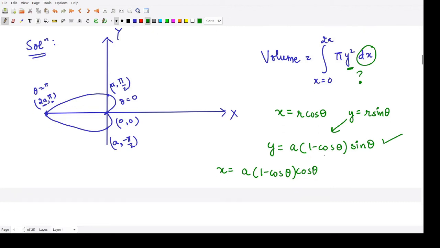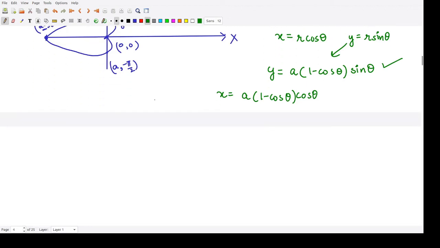So what would be the value of dx? When you differentiate this, a is a constant, the derivative of cos is minus sin theta, and the derivative of minus cos square theta is plus 2 cos theta sin theta, and then d theta.